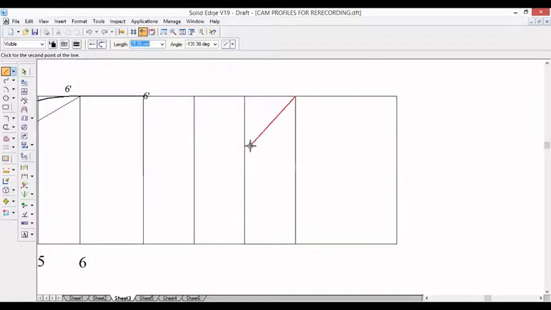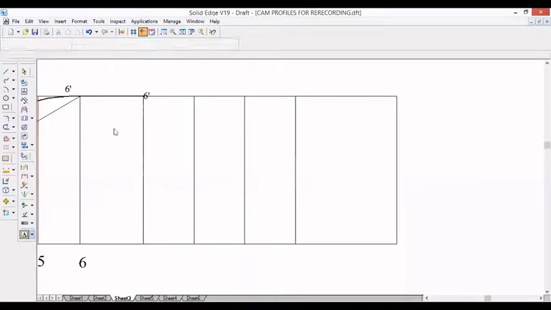Since we have divided the acceleration into 3 equal parts, let us divide 21 also into 3 equal parts. So 21 divided by 3 is 7 mm. So take 7 mm minus 90 degree. One division I have divided. 7 mm minus 90 degree and 7 mm minus 90 degree. So we divide it into 3 equal parts.